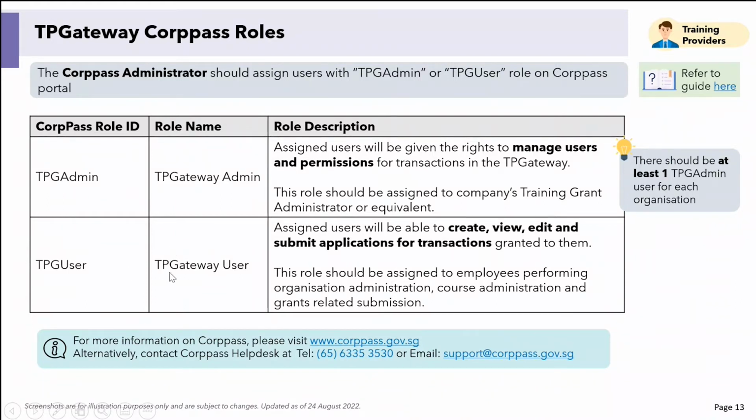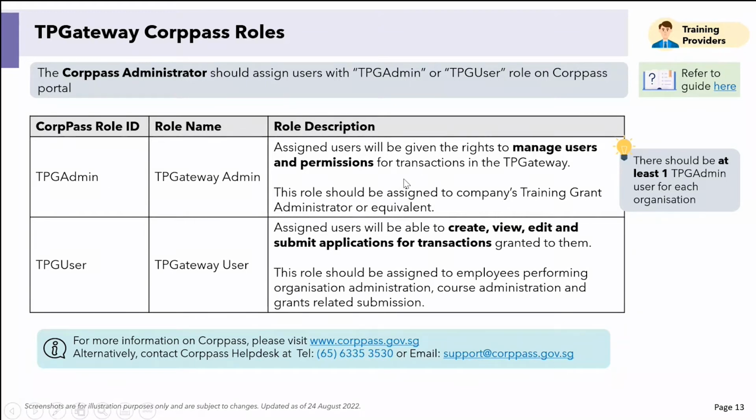This user will be able to perform transactions on TPGateway based on the permissions within TPGateway that they have. So the TPGateway admin will configure the user permission for these users. For example, maybe there is a user that only performs transactions relating to course applications.